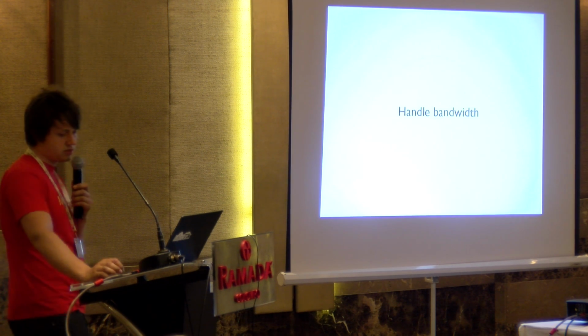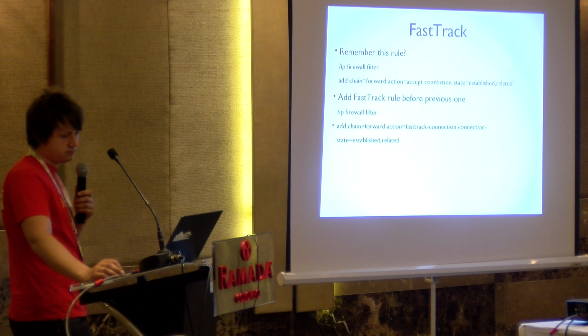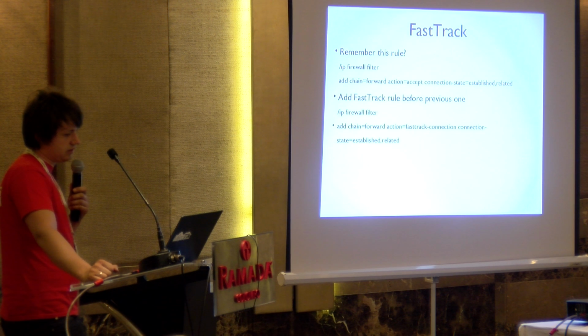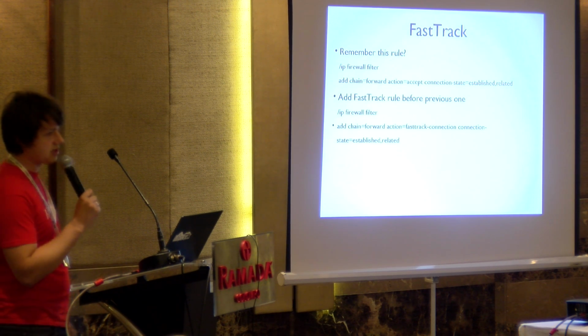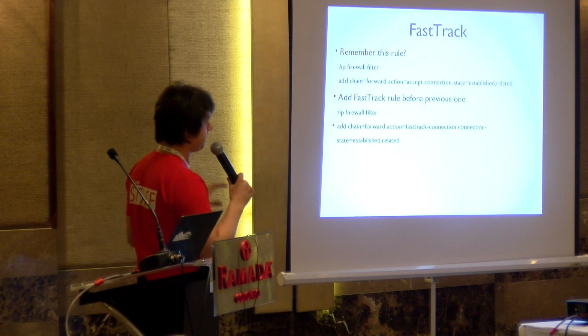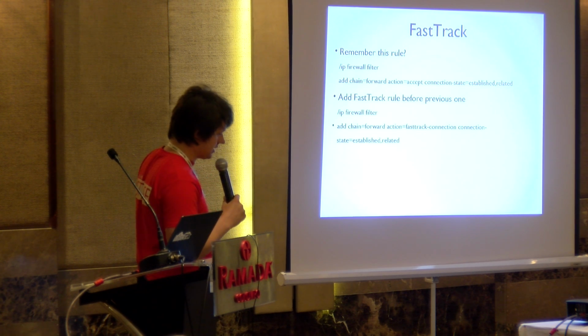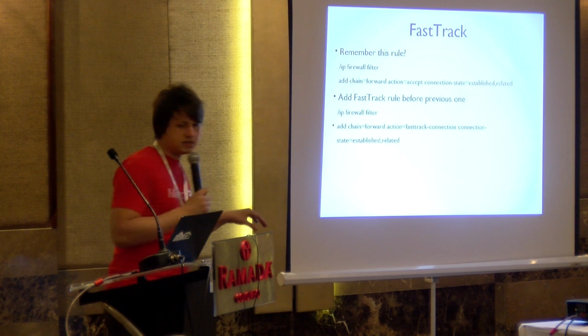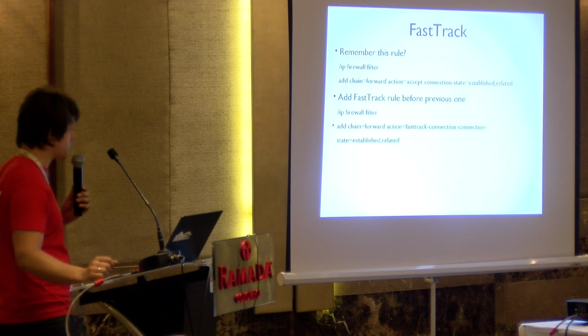The routers also support bandwidth management. There is the firewall fast track feature. If you remember the view of firewall chains, where each packet is inspected through all those facilities, and of course this takes CPU resources.